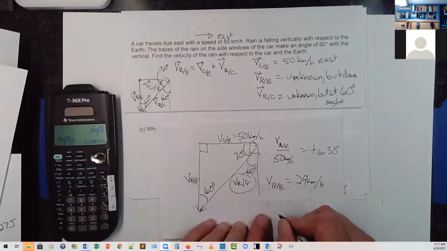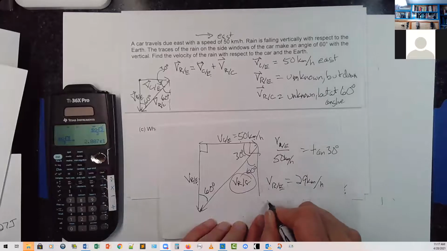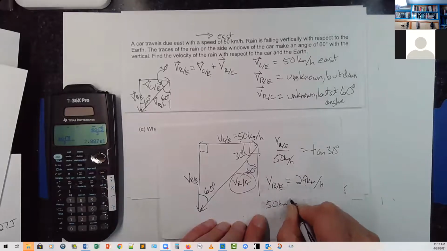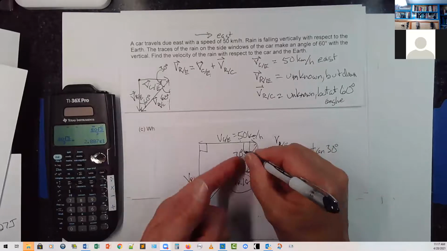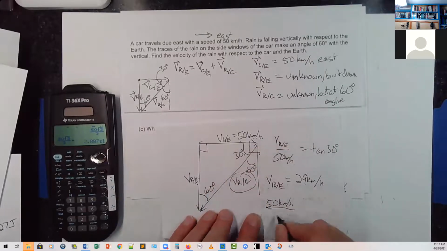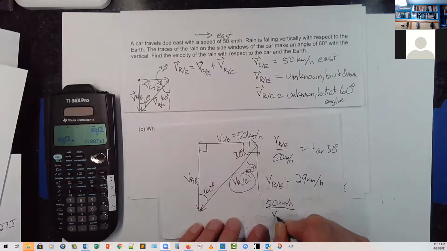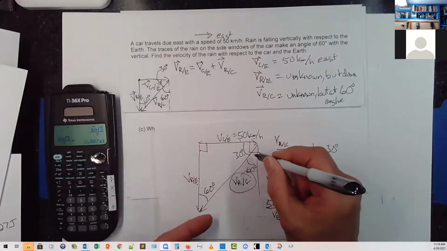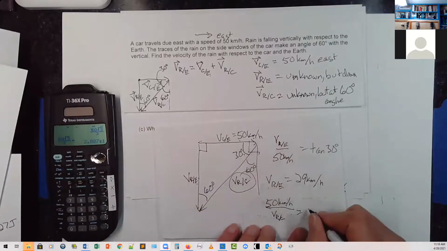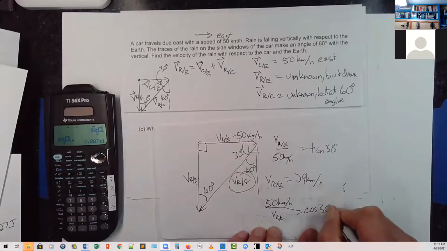So 50 kilometers per hour, the adjacent side to that angle, divided by the velocity of the rain with respect to the car, adjacent over hypotenuse, is the cosine of 30 degrees.